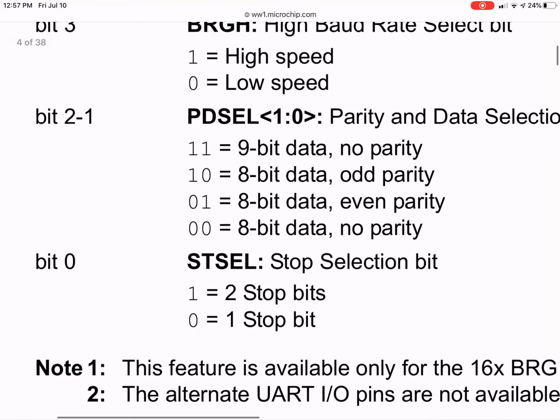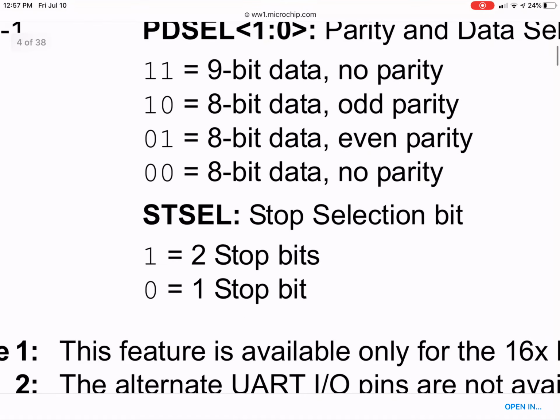And then finally we have STSEL, the stop selection bit. The way I showed you was only 1 stop bit. When transmitting data, if you have 1 bit high, that means stop, or you can set it up to 2 stop bits.